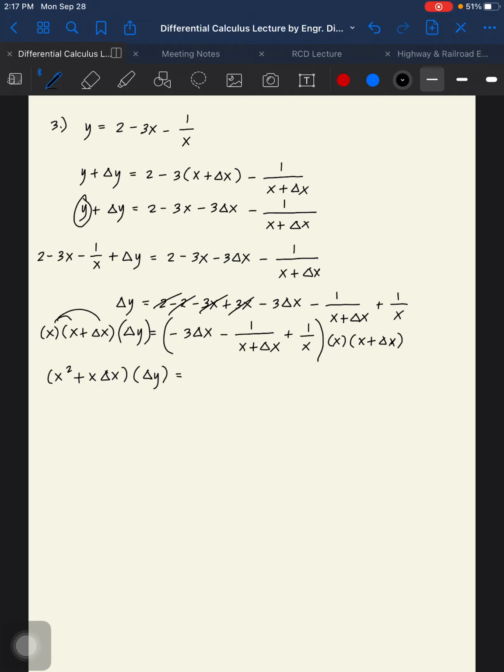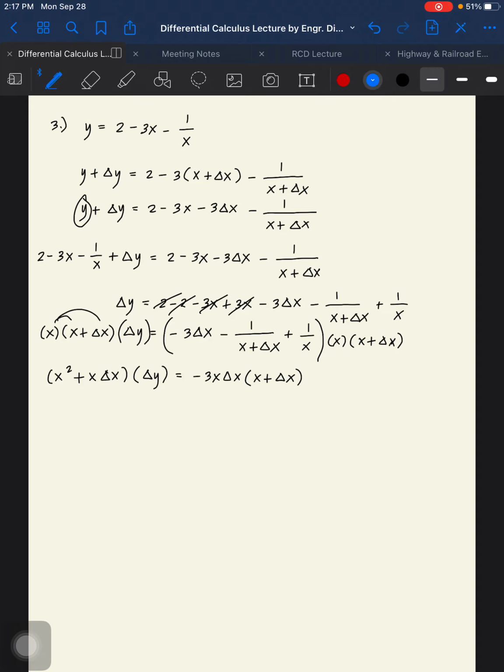Then on the right side, we multiply this into the first term. So this becomes negative 3x delta x times x plus delta x. I haven't expanded it yet.